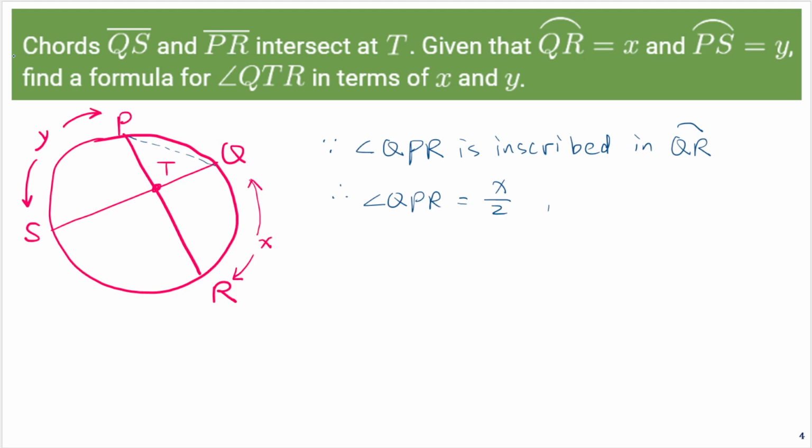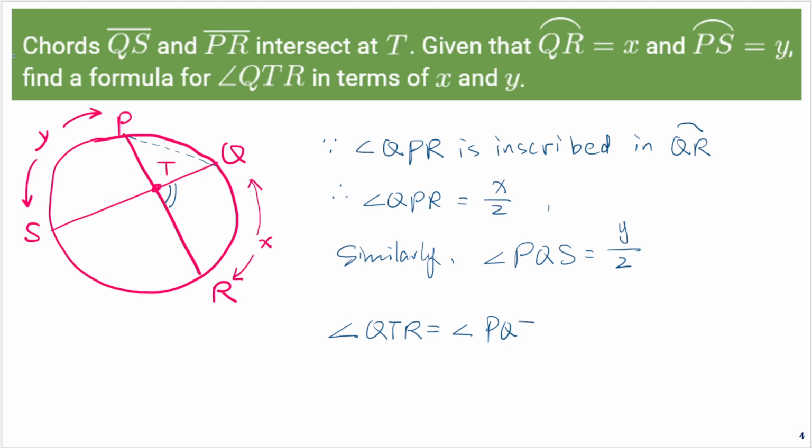Similarly, we also have angle PQS equals half of Y, right? And angle QTR is actually the exterior angle of triangle PQT, right? That means we have angle QTR equals angle PQT plus angle QPT, which is (X plus Y) over 2. Did you get it?